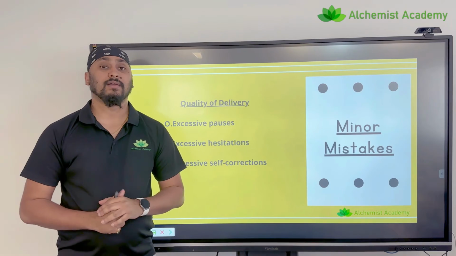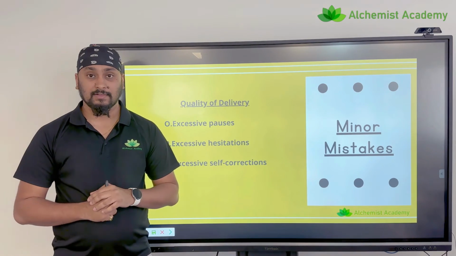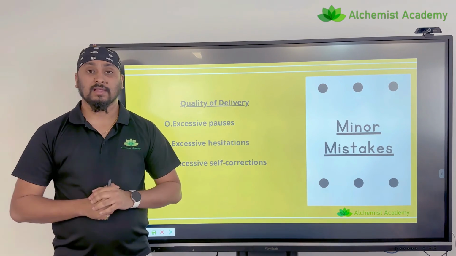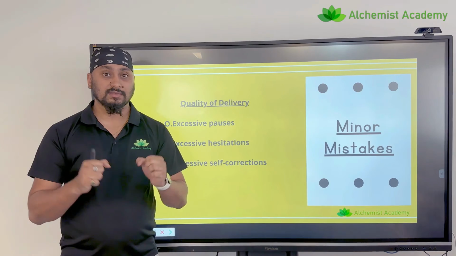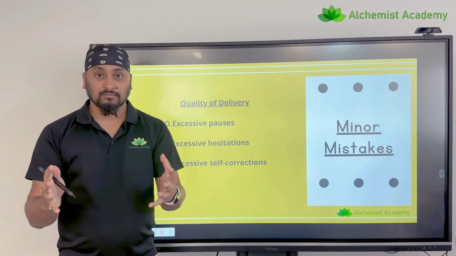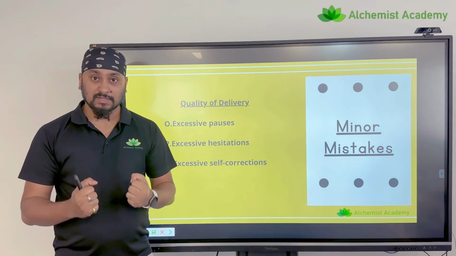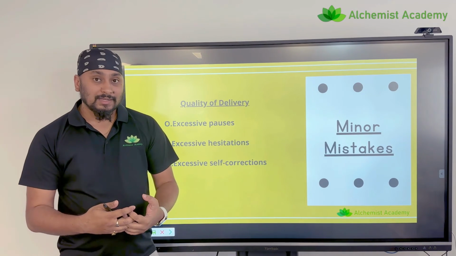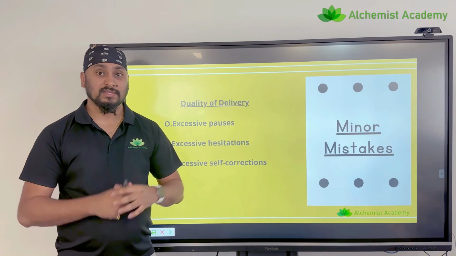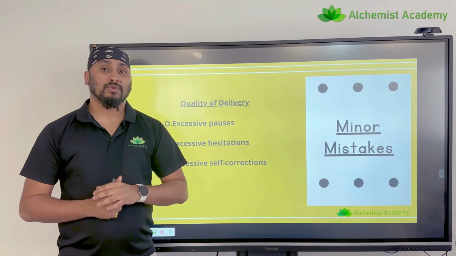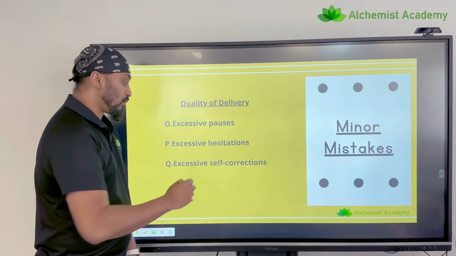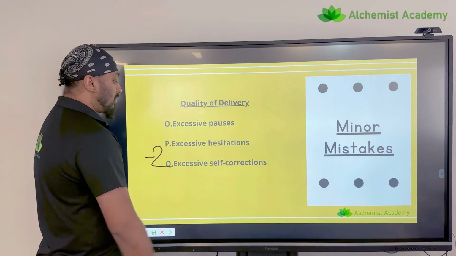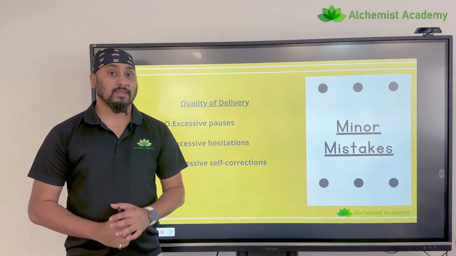Just say correction or correcting myself, and you can repeat the whole thing again. However, please do not use correction as a weapon to get more time. Some students think that if I say the word correction but I actually don't correct anything, I'll just pause for a few minutes and think about the answer. If you do that, the examiner will straight away give you -2 without even a thought.